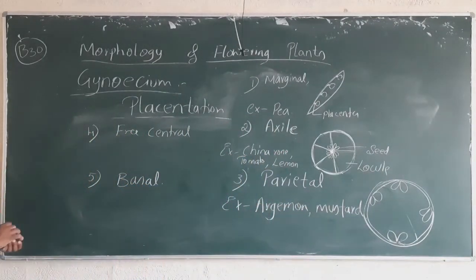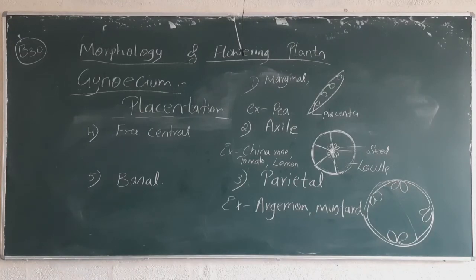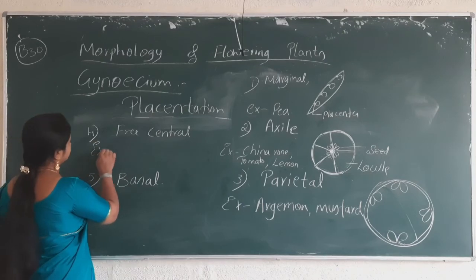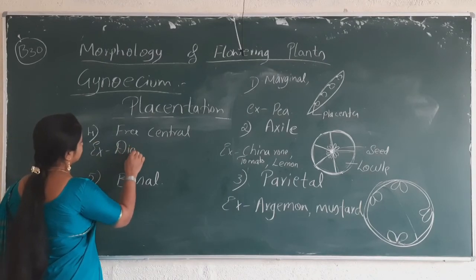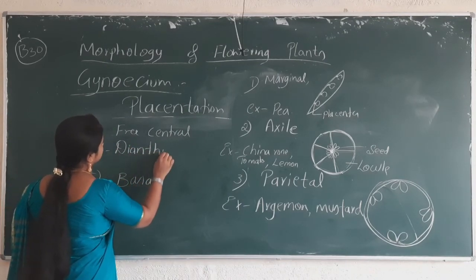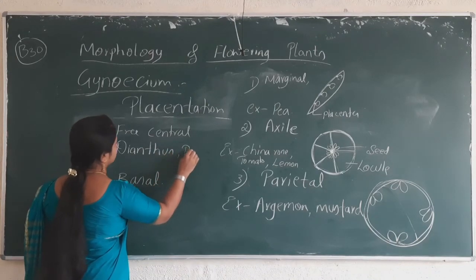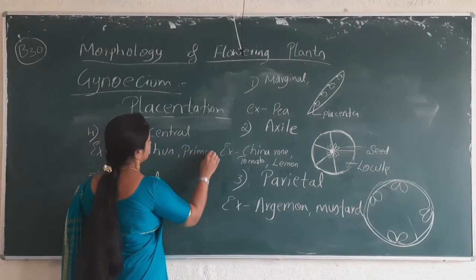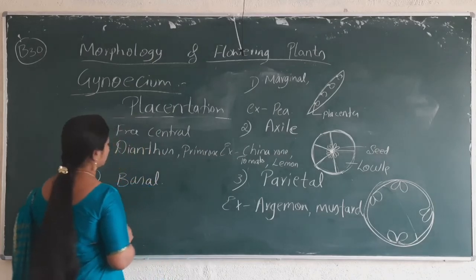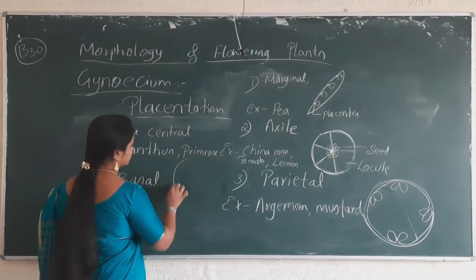Now we have two more placentation. One is free central and one more is basal. Example for this is dianthus and primrose. How will the structure be?